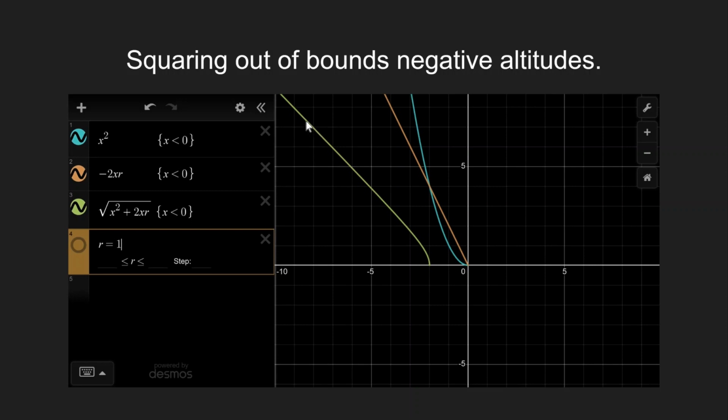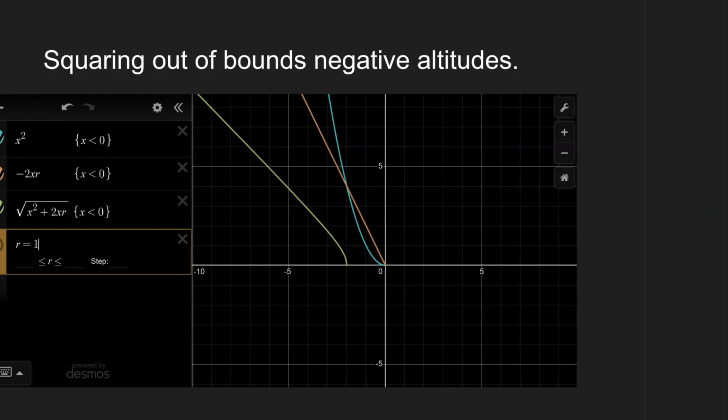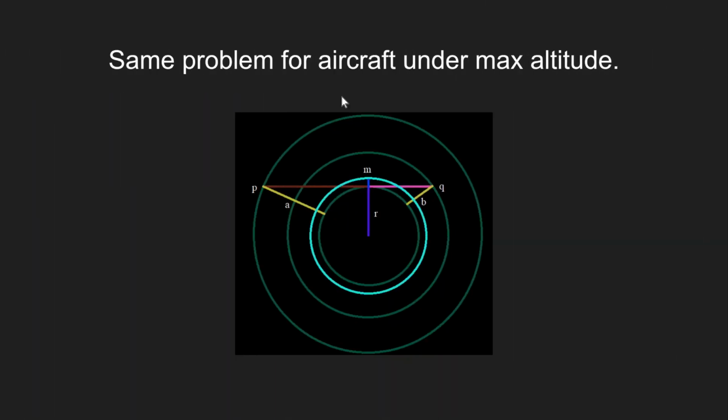So how do we resolve this issue? In the case where our planes are in between the Earth and the maximum altitude, the mathematics we use treats this larger, maximum altitude as an Earth with a slightly larger radius, r plus m.